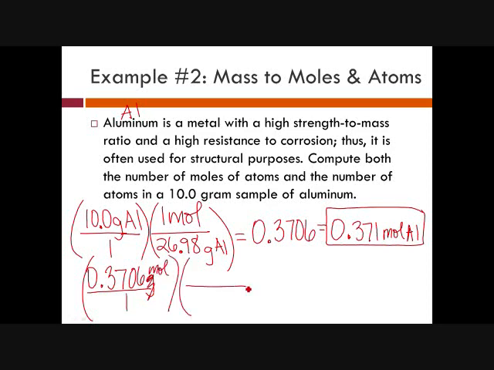Okay, and then to get to atoms, we will use what? Avogadro's number. And do we multiply or divide this time? We're going to multiply because we want to cancel the 1 mole out.